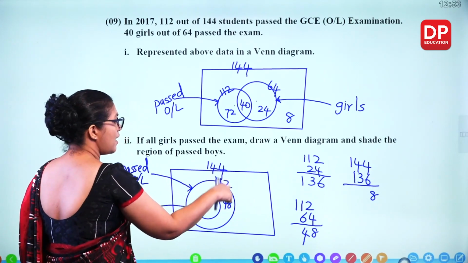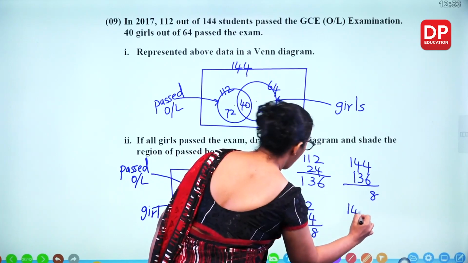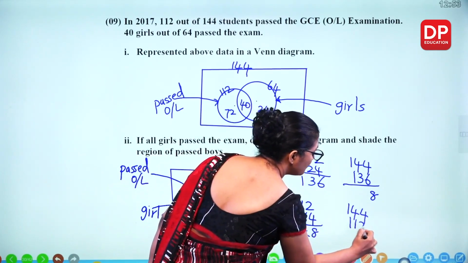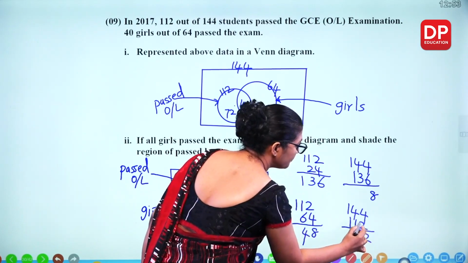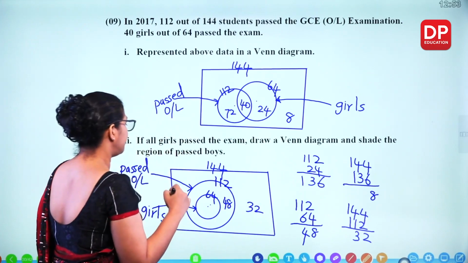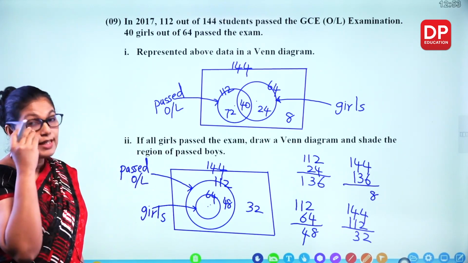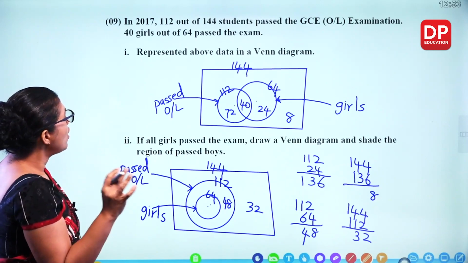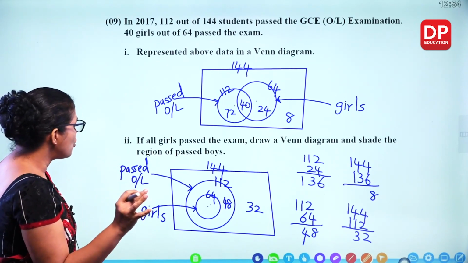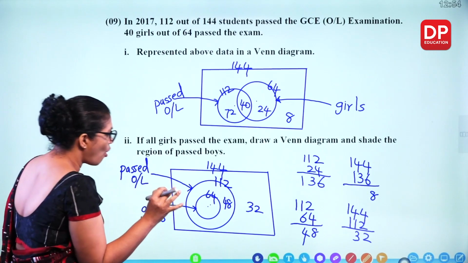Outside should be 144 minus 112 now, 32 outside. Now that's the new diagram, if all girls pass the exam. And now shade the region of passed boys.